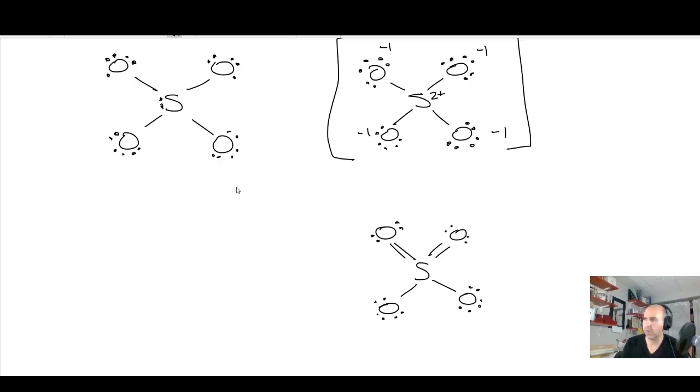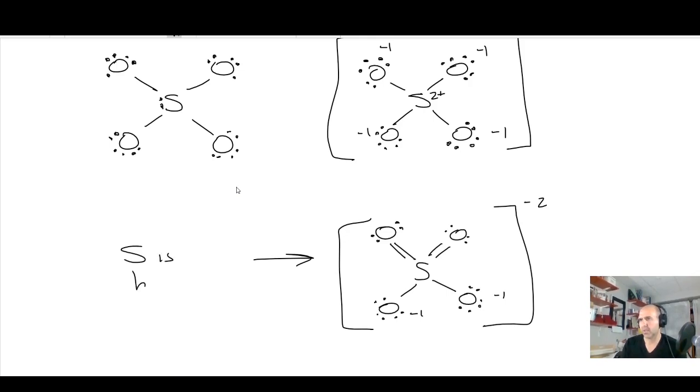Right? Well, now the formal charge on the sulfur is 0. The formal charge on these oxygens is also 0, and these are minus 1. And so the whole thing is still minus 2. But in this one here, the sulfur is hypervalent.